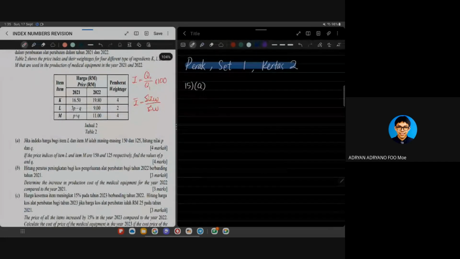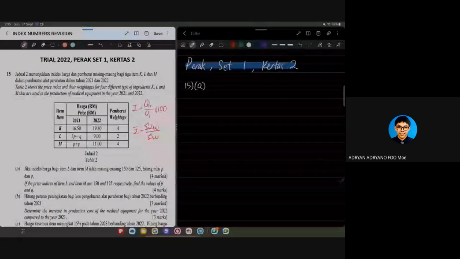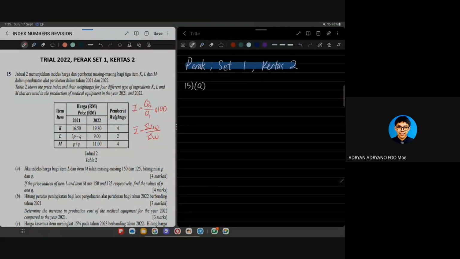Okay, so we see the question A. Okay, 很多人就是这样，他一看题目直接进 A。我们不要这样，我们先审清楚那个题目在讲什么。他给 price index 还有它的 weightage，4 different type ingredient，to make a medical equipment，他拿来做一个医药的那个 equipment 机器 something like that 啦。In the year 2021 and 2022, they gave the price and they gave the weightage.